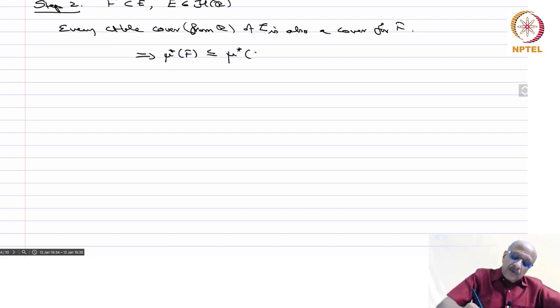Okay, so this proves it. So we have proved all the properties except the crucial one. So step 3, we prove countable subadditivity.